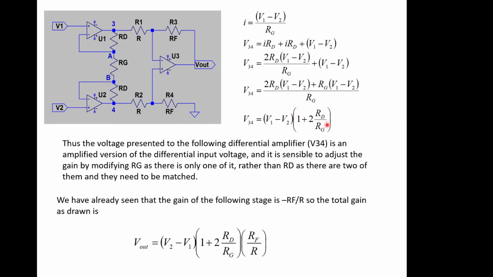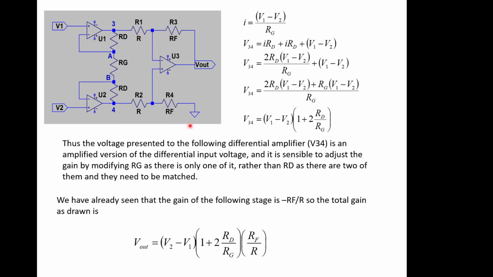So we can either alter RD or RG to change this overall gain factor. It makes more sense to change RG because there's only one of it, rather than to change RD because there are 2 of those and we have to get them matched, and then we can just fix these other ones at whatever value we like.